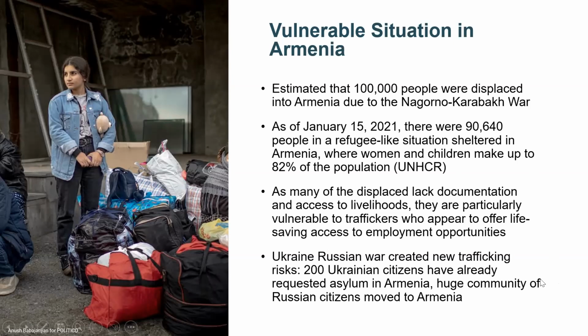Ukrainian citizens have already requested asylum in Armenia, but we also have a huge community of Russian citizens who are work migrants, mostly in the IT sector, but there is a need for further survey to understand what other spheres and employment areas these migrants are involved in in Armenia.